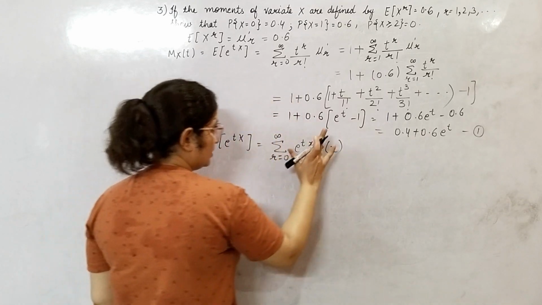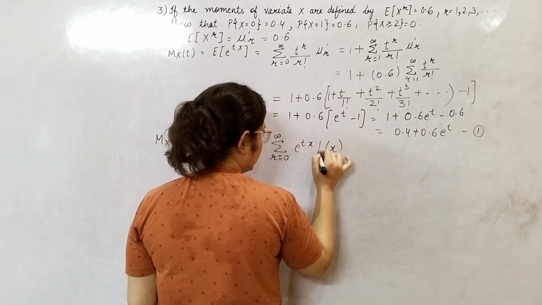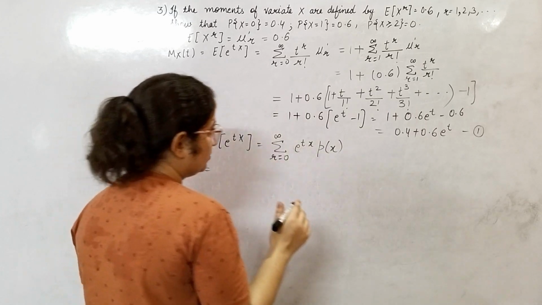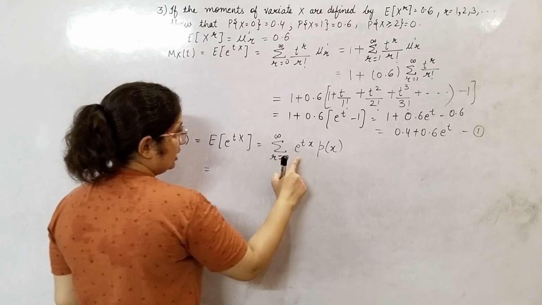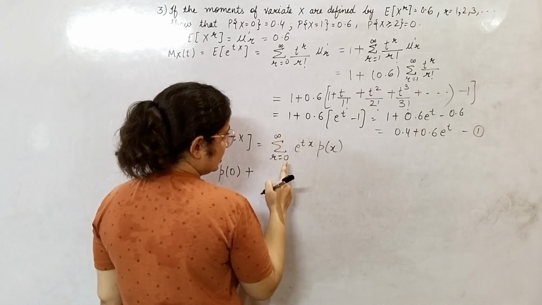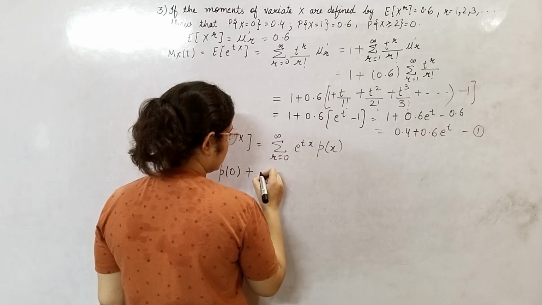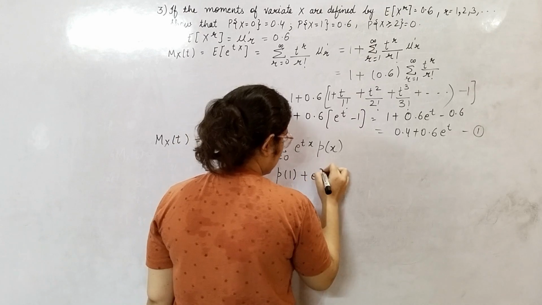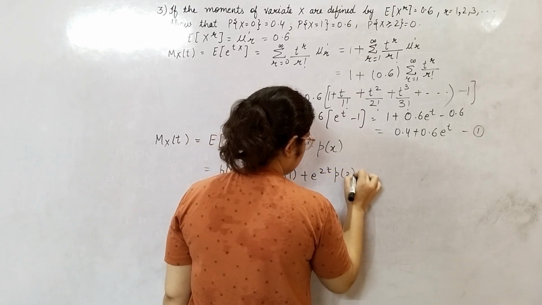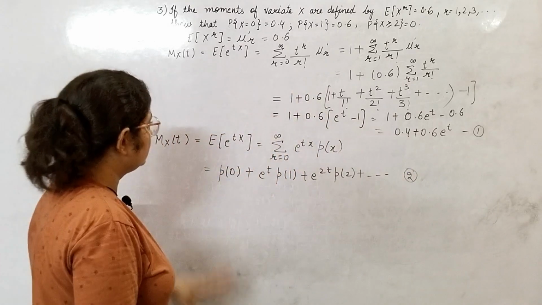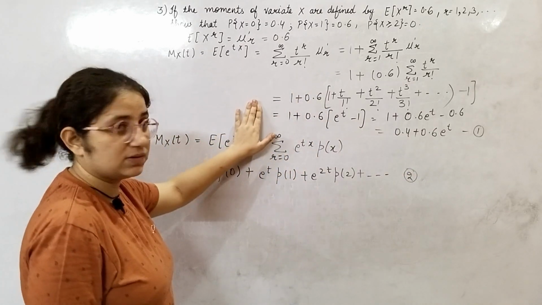Here you can write capital Px or small px, that is your choice. So at r is equal to 0 you have e to the power 0 which is 1 times p0, plus e to the power t p1 plus e to the power 2t p2 and so on, name it as 2. Now this is equal to Mx(t), this is also equal to Mx(t).